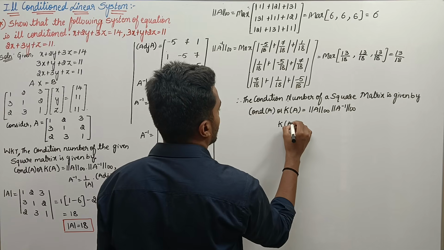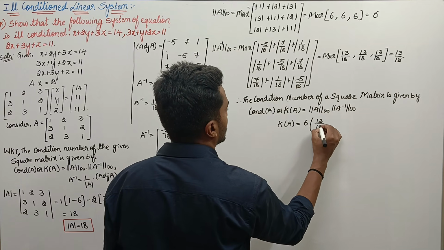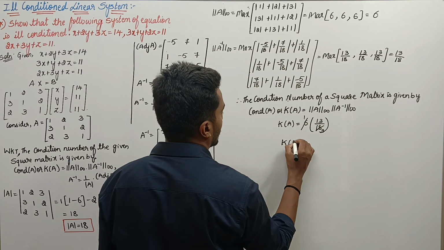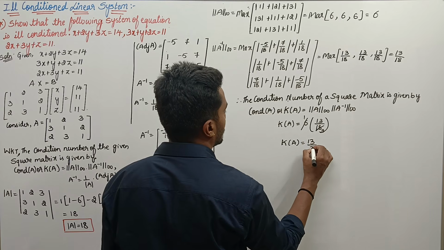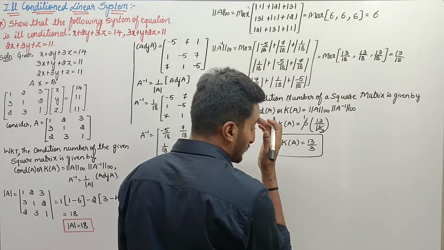K of A is equal to 6 into 13 by 18. 6 ones are 6, 6 threes are 18. K of A is equal to 13 by 3. This is the required solution.